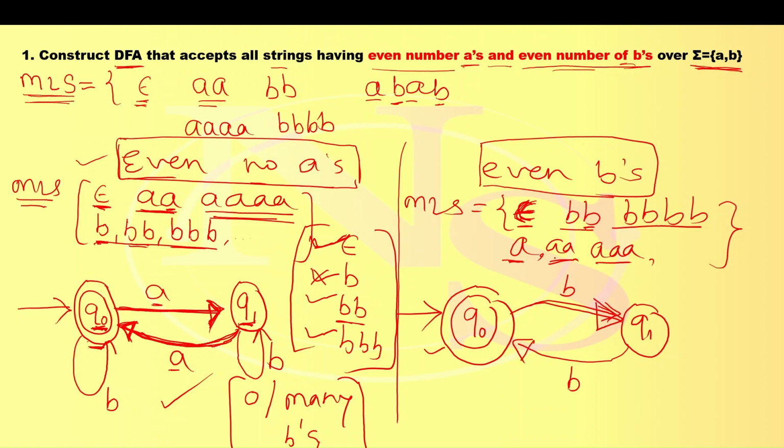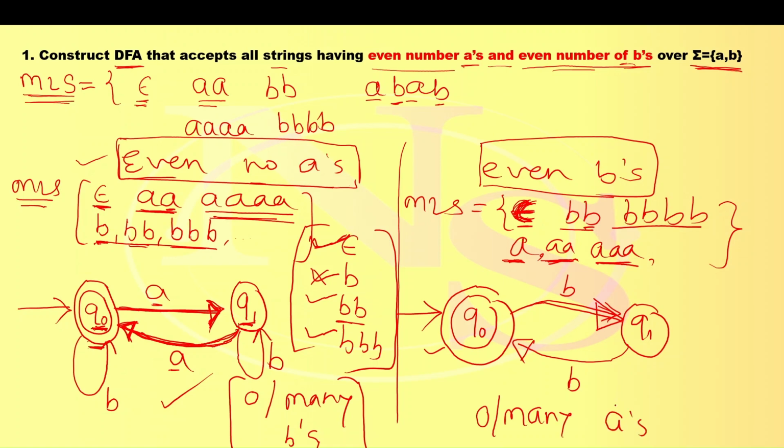As there is no condition for the number of A's, 1 A is valid because the number of B's is 0. It's accepted. 2 A's is a valid string because the number of B's is 0. Same for 3 A's or 4 A's. Even if no A's come, meaning epsilon, it's also valid because the number of B's is 0 here. Again, there is a scenario of 0 or many A's.